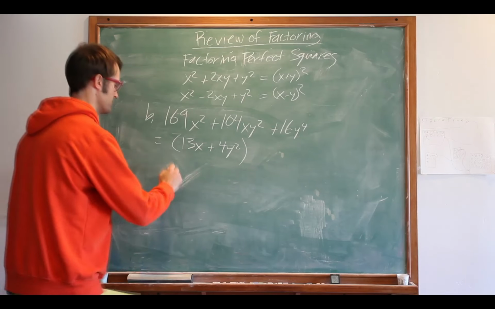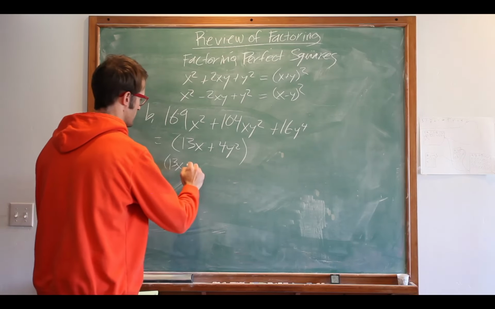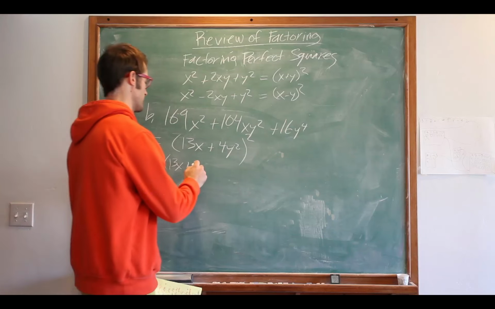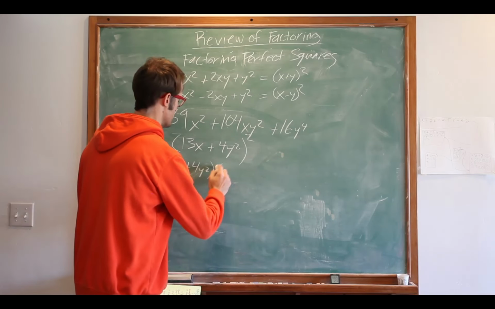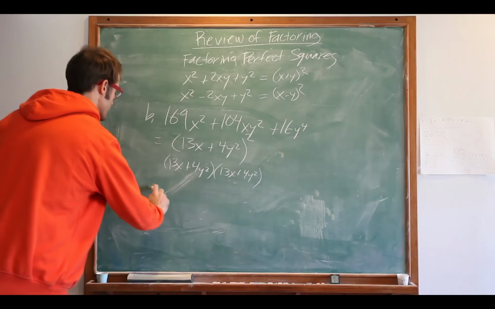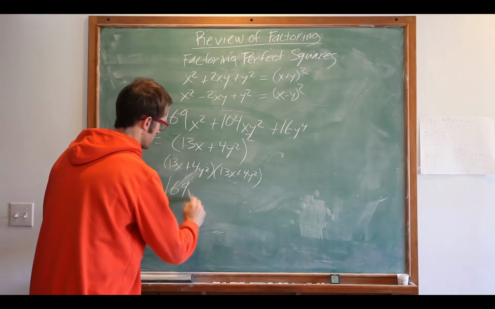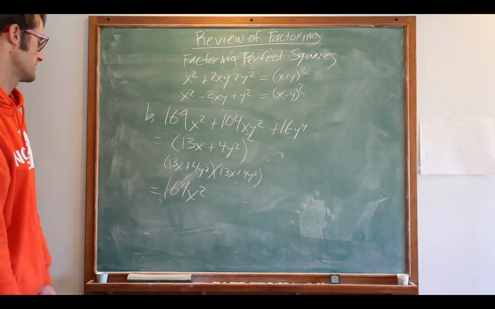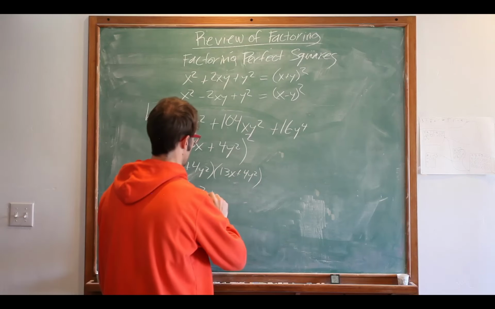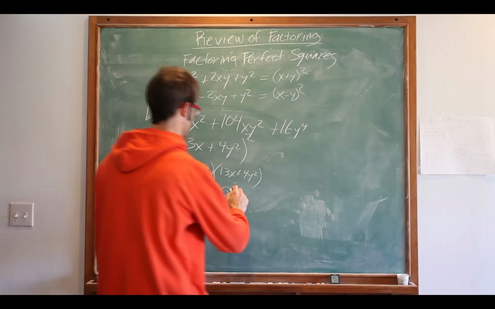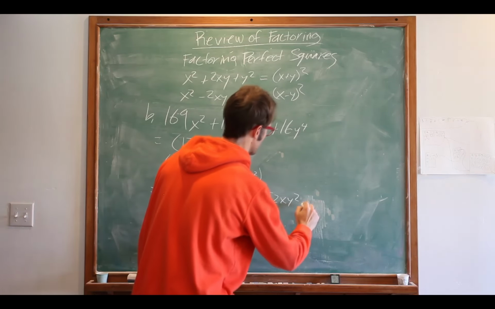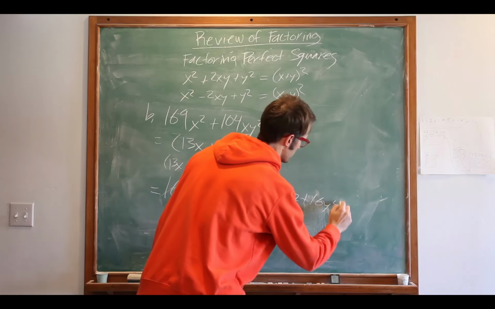Let's check it really quickly. 13x plus 4y squared times 13x plus 4y squared equals 169x squared, yes, plus 52xy squared plus 52xy squared plus 16y to the fourth.